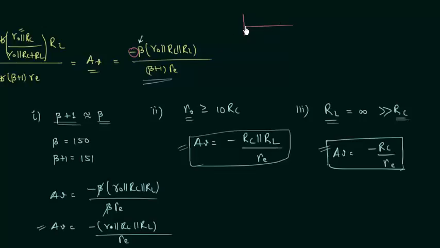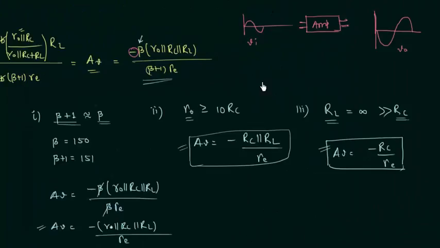So if this is the input voltage and we feed this input voltage to the amplifier, then after the amplification the amplified output voltage will have a 180-degree phase shift. You can see there is a 180-degree phase shift between the input voltage and the output voltage after the amplification. So this negative sign represents there is a 180-degree phase shift.